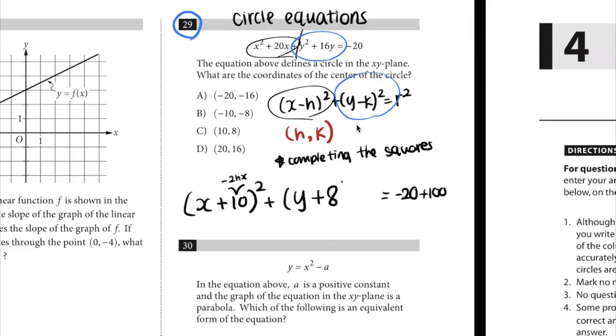So it's going to be 8 to the power 2. And we can't forget the k squared, which is 8 times 8. So we're going to add that here.